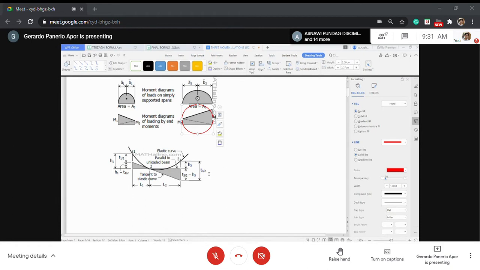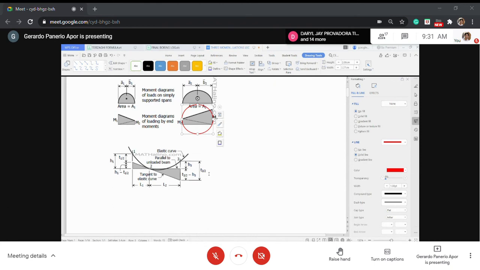And it is mathematically defined as the area of your M/EI diagram under points 2 to 3 multiplied by the distance from the centroid of your M/EI diagram with respect to 3.